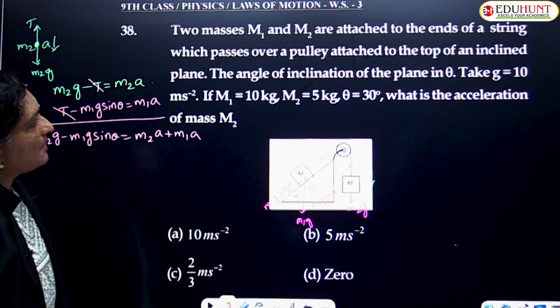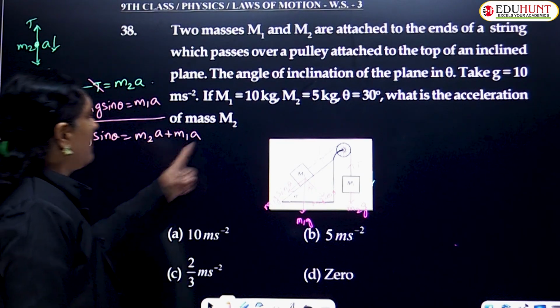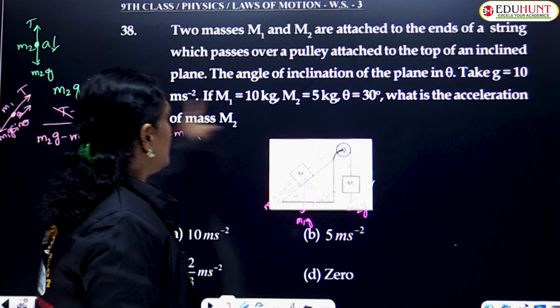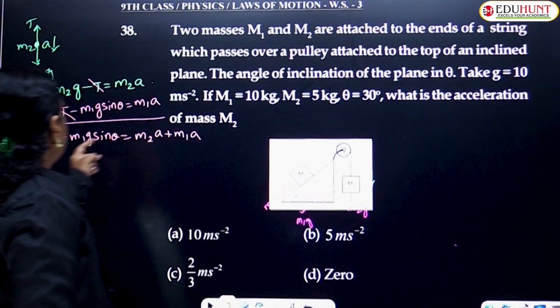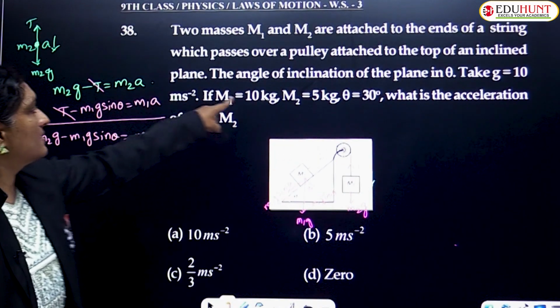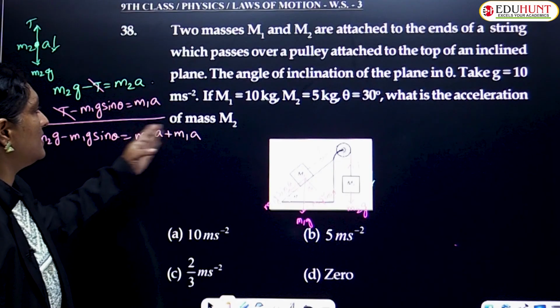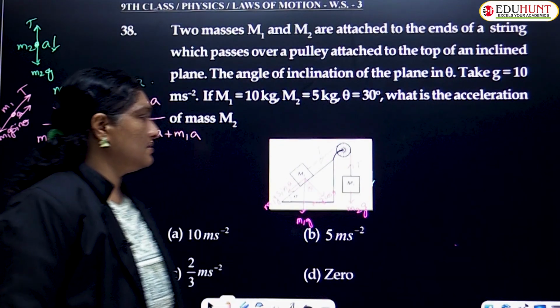So substituting all the values here, M2 is given as 5 kg, G is 10 meter per second square, M1 is 10 kg and theta is 30 degrees.